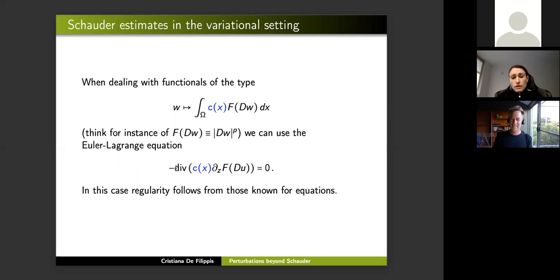Yes, it is this one. Therefore, this is an equation. Taking into account that minimizers of these variational integrals are solutions to this equation, we can just recover the whole machinery developed for solutions to uniformly elliptic equations, and then apply it to the Euler-Lagrange equation of this functional. That's it.